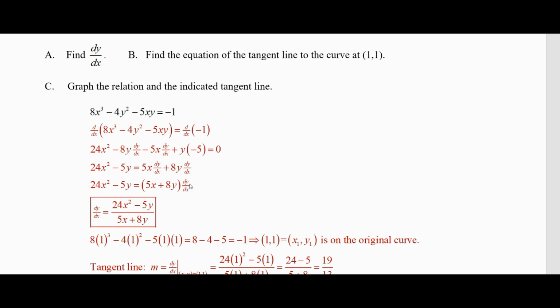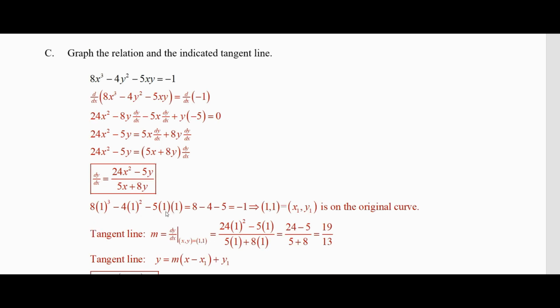I'm going to factor out the dy over dx, leaving parentheses 5x plus 8y for the coefficient, divide by that coefficient, and we get dy over dx is 24x squared minus 5y over this 5x plus 8y. Now notice this requires you to know both x and y to find the derivative at that point. And of course, for a lot of x's, there's more than one y.